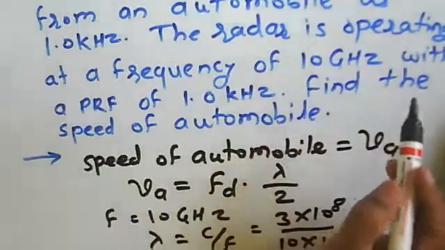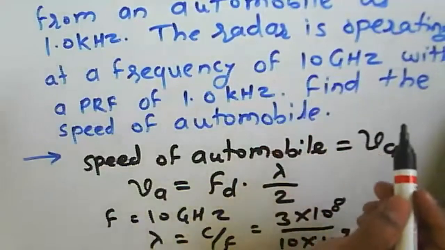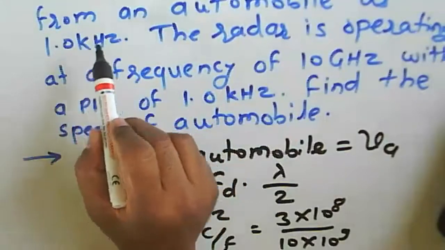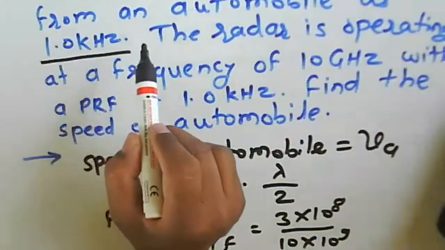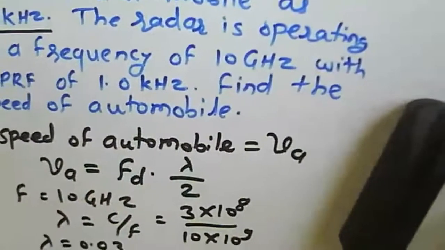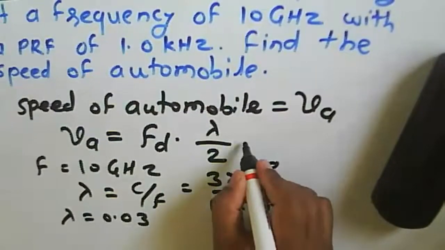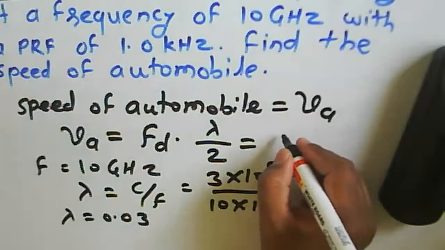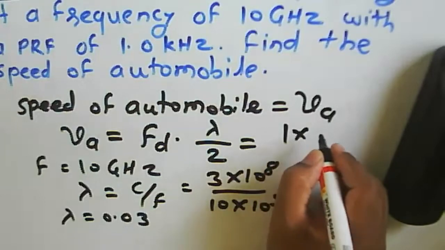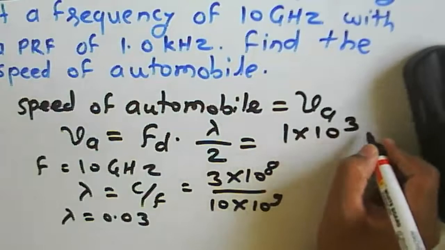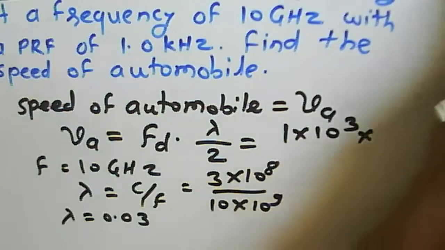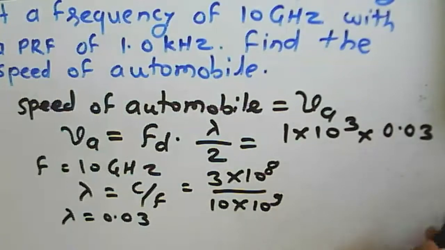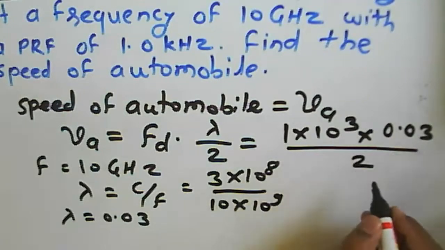FD is given. We already see that the Doppler shift from the automobile is 1.0 kilohertz. So if you put the values here, FD, the Doppler shift frequency, is 1 into 10 to the power 3, times lambda, that is 0.03, divided by 2.